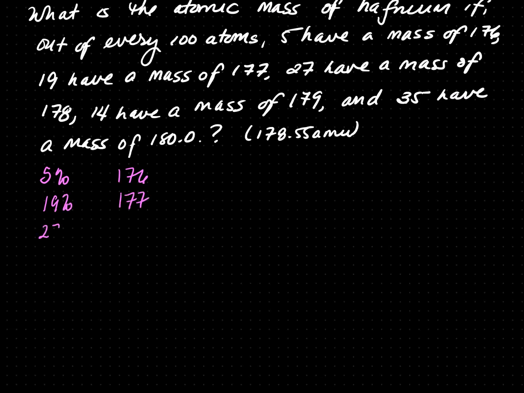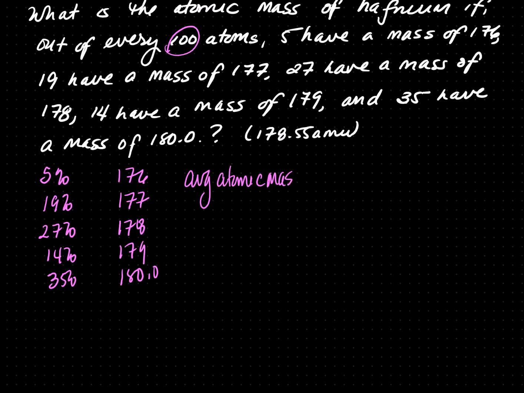27% has 178. 14% has 179. And 35% has 180. So since it's out of 100 and the total adds up to 100, we can make it all percent, or we could automatically convert them into decimal.